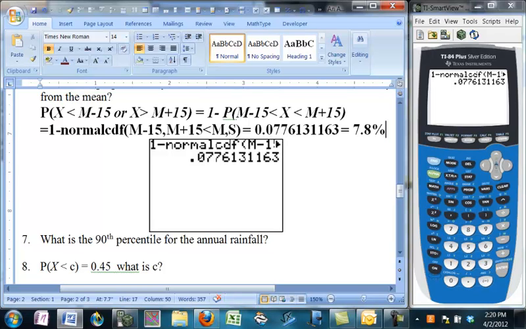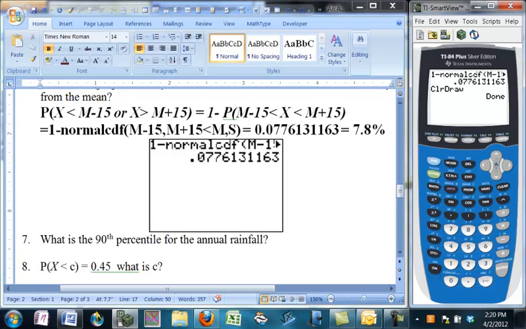Okay, if you really want to graph that, it's a little trickier, but not too bad. I bet you could figure it out. Let's clear our drawing. What we have to do is shade the two pieces separately without erasing between. So I can go to Draw, Shade Normal, and then I want to go from negative infinity.